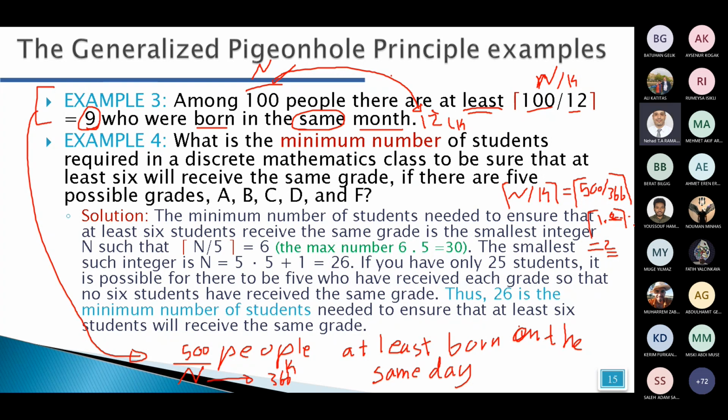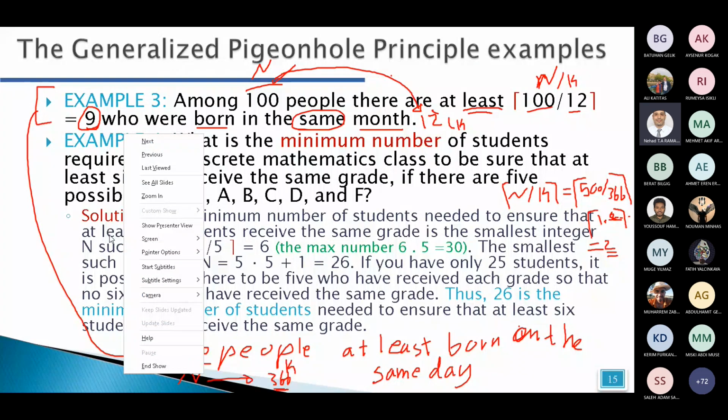Why? Because 500 will be distributed over the 366 days of the year. So at least 2 people were born on the same day.